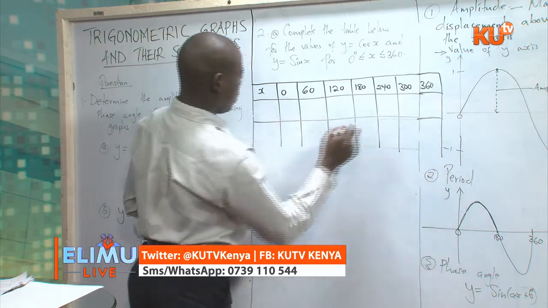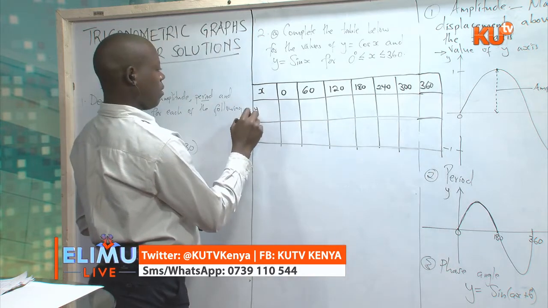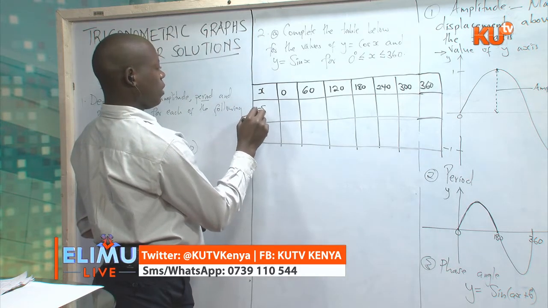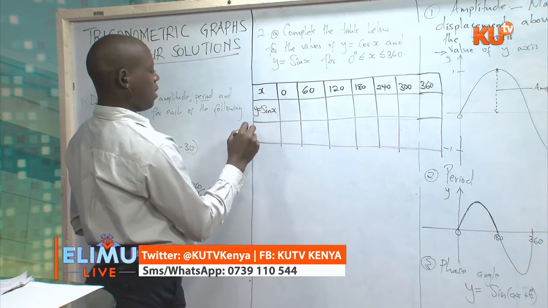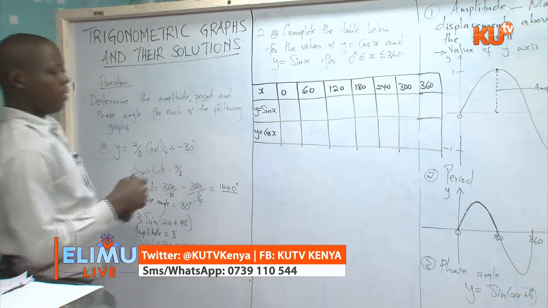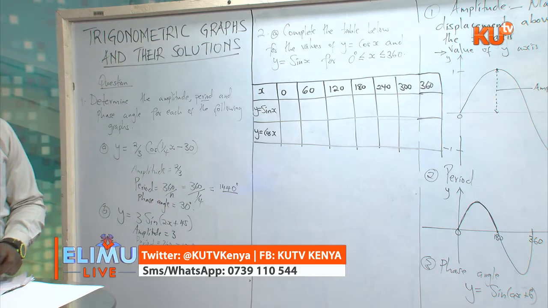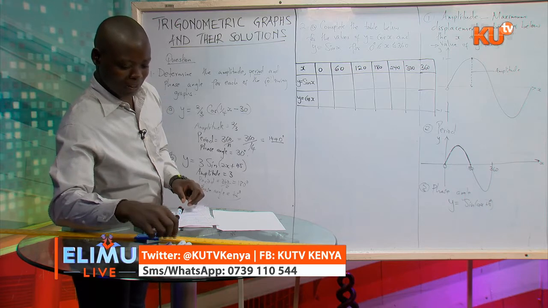And so we will substitute in y is equals to sine x and y is equals to cos x. So you simply substitute in your calculators. I hope my student is ready with the calculator.